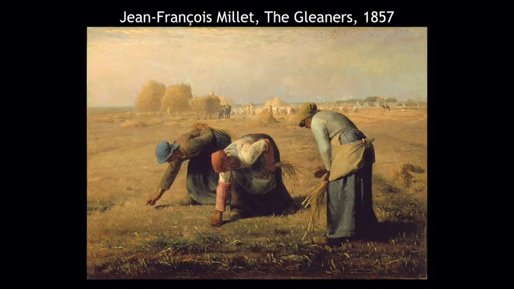Moving on from Courbet, we find Millet, and this is a painting called The Gleaners. What's interesting is that Millet wasn't trying to reform society. He wasn't this political hothead like Courbet, but this painting is very political if you take the time to look at it. It basically shows these three women.